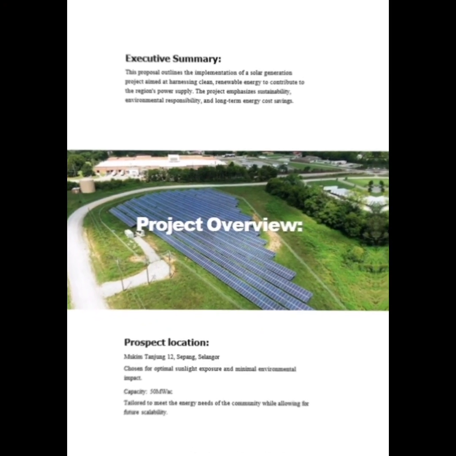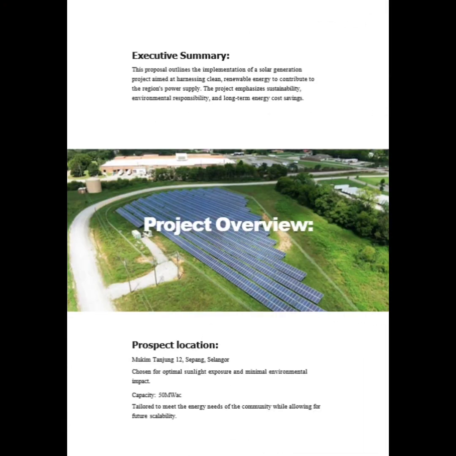Moving on to the executive summary. This proposal outlines the implementation of a solar generation project aimed at harnessing clean renewable energy to contribute to the region's power supply. The project emphasizes sustainability, environmental responsibility, and long-term energy cost savings. Malaysia is still new into renewable energy, but we have quite a few places which can be turned into a solar farm.